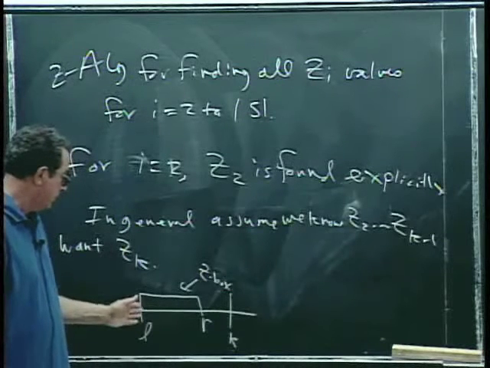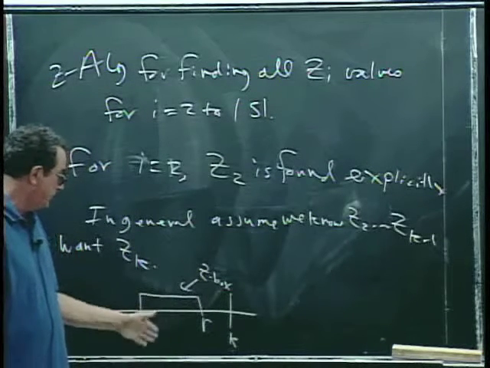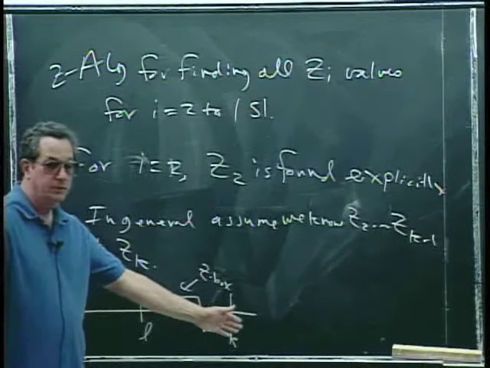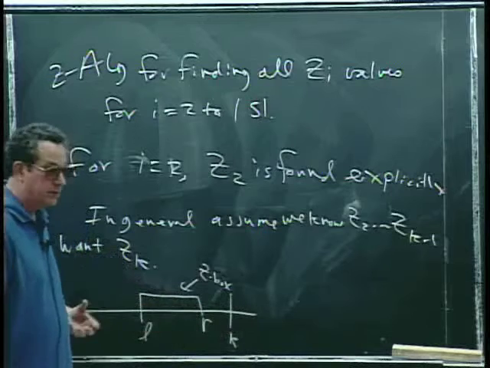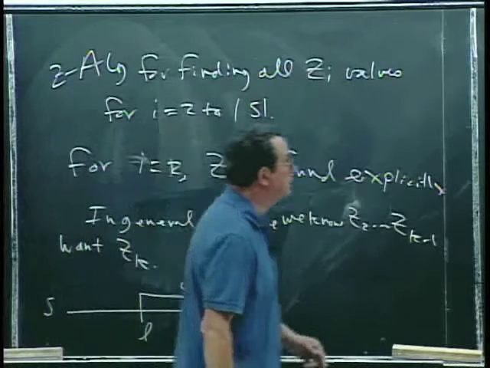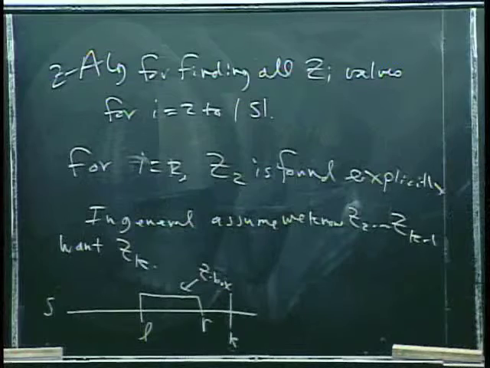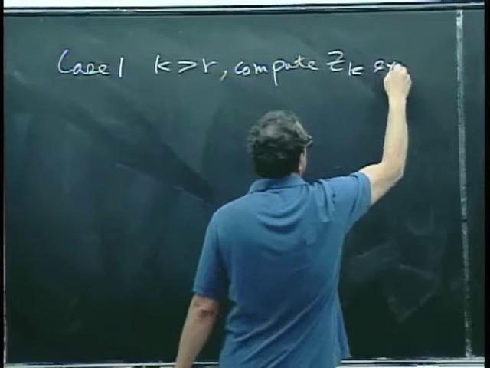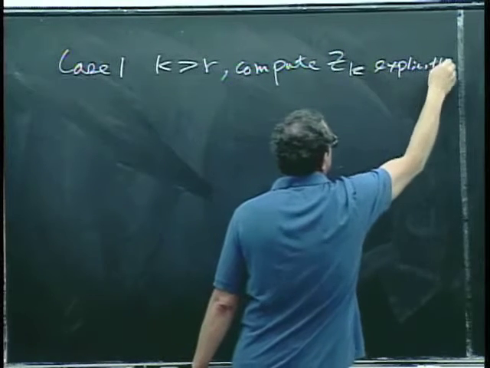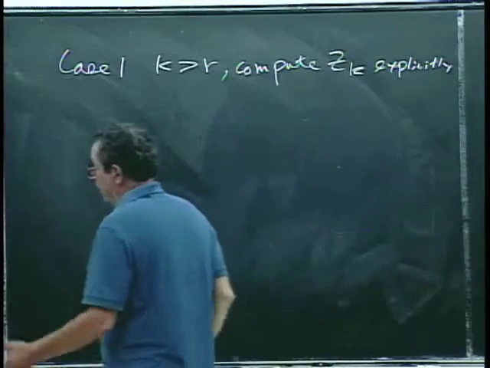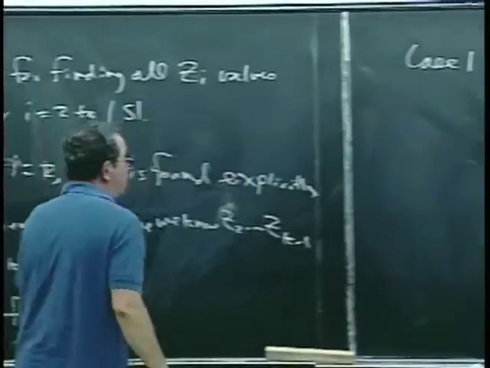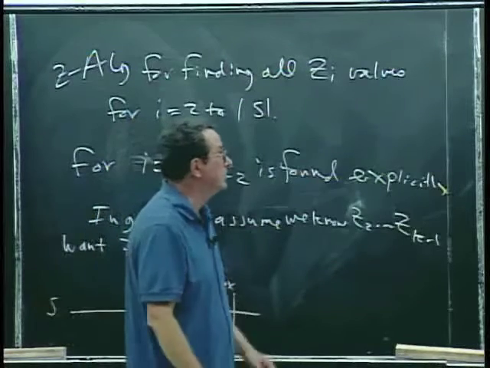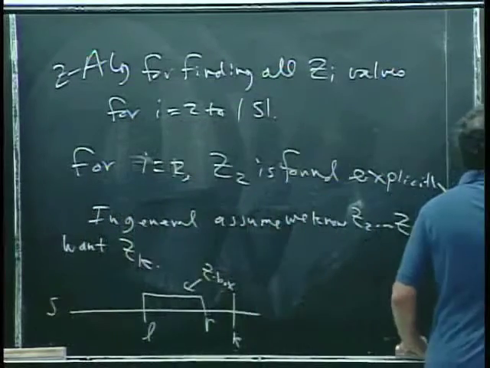There's no match we found so far, no starting position we found so far, that extends a substring to K or beyond, matching a prefix. So when K is bigger than R, we compute ZK explicitly. That's similar to the case of Z2. We're just going to do that by direct comparison, and obviously there's no issue about correctness when that happens.